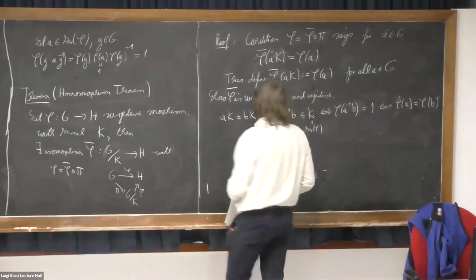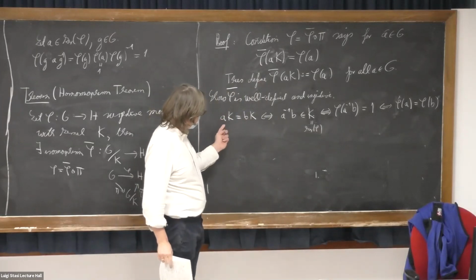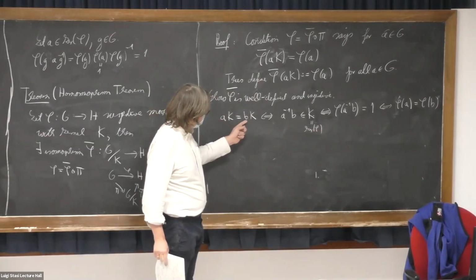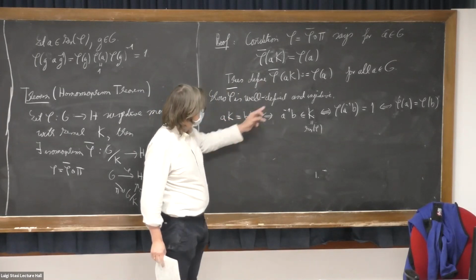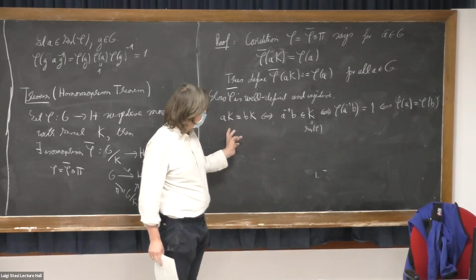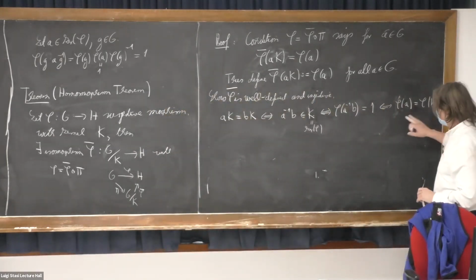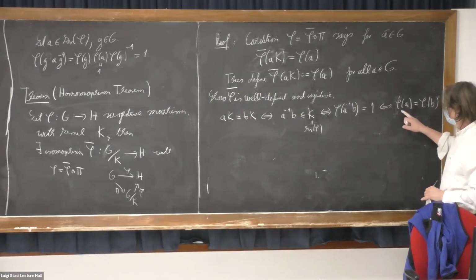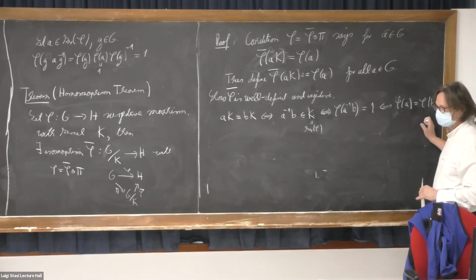What we see here is first, it is well defined. We have A and B, which represent the same coset, if and only if the image under P is the same. So this direction shows that the map is well defined. The inverse direction shows that it's injective.